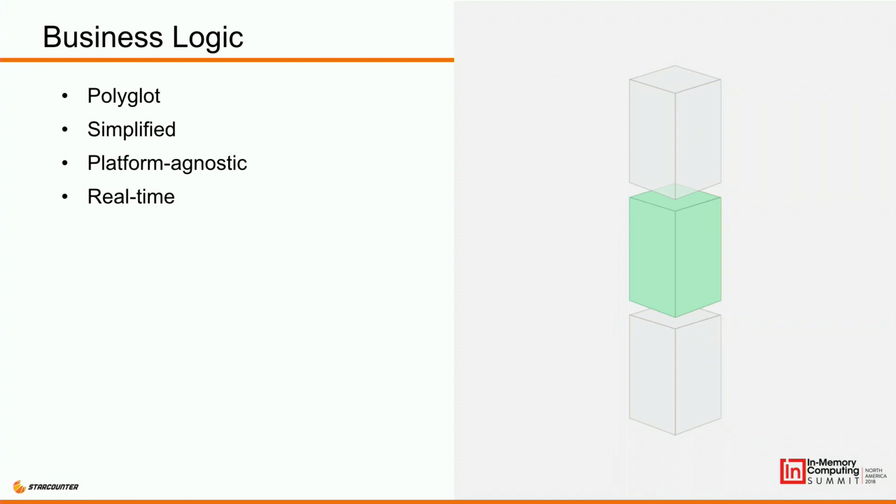Usually there is no special data access layer, so this logic is simplified. It's also platform agnostic because you can run it on Windows and Linux. And thanks to the architecture where the memory is shared between the application and the database, it's really close to real time.